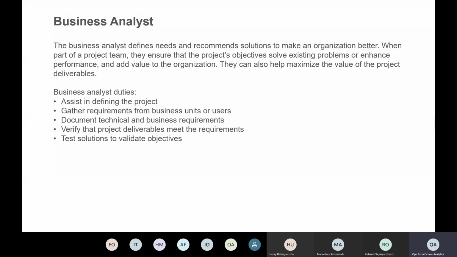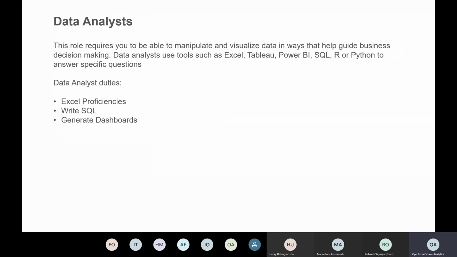Who are these customers? Where are they residing, and things like that. So you help to elicit business requirements, the kind of challenges business are having and are willing to solve, with data. So that's what your business analyst will normally do.